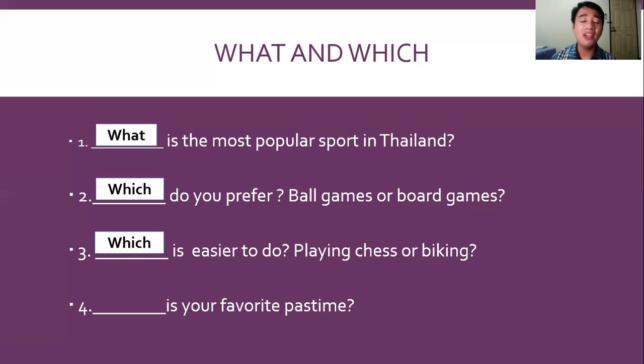Correct. So if you are going to choose, which is easier for you, playing chess or biking? How will you answer? Yes? For me, it's playing chess. Or you can say, for me, it's biking. That's it. Very good.